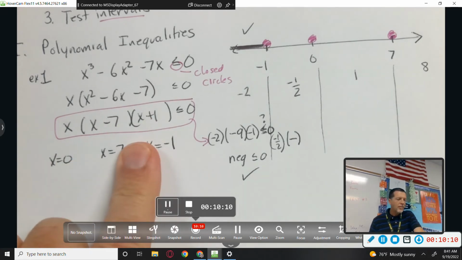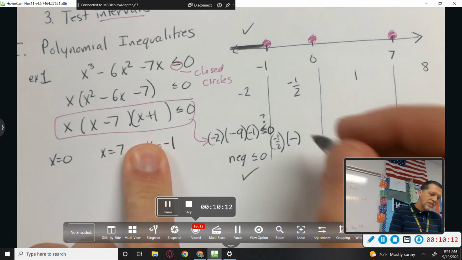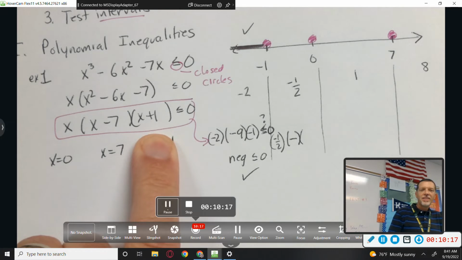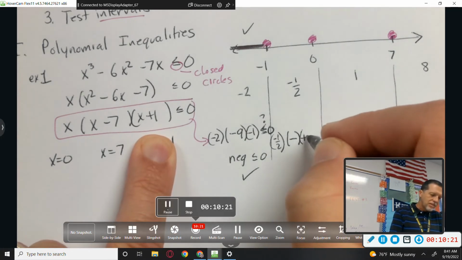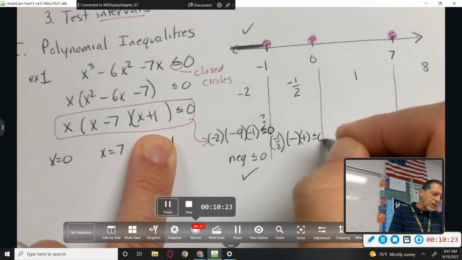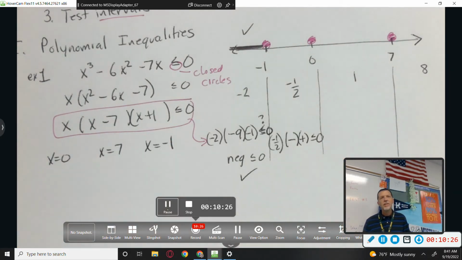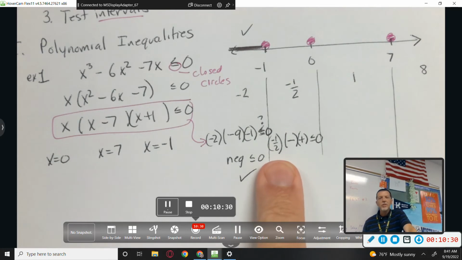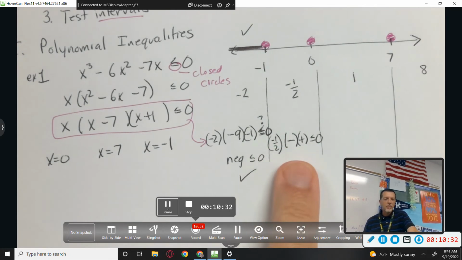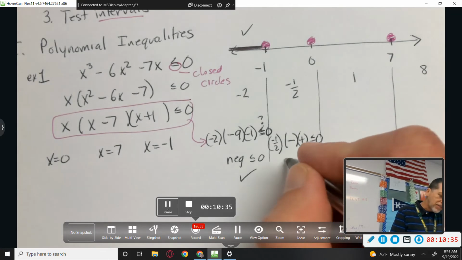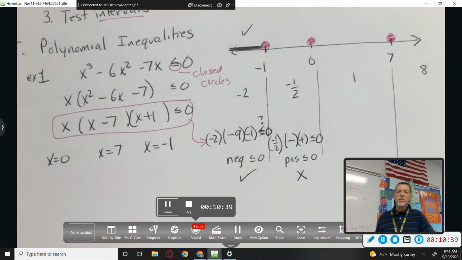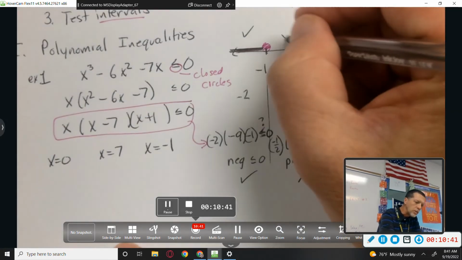Negative 1/2 plus 1, what's that equal to in our lazy math? Positive. And we want to know if that is less than or equal to 0. Well, the numbers don't really matter, only the signs do. Negative times positive would be a positive. Positive number greater than 0, that's not true. So we will not shade that region.